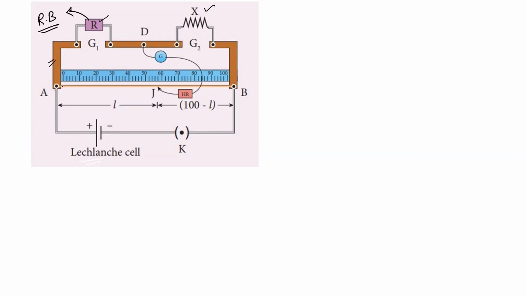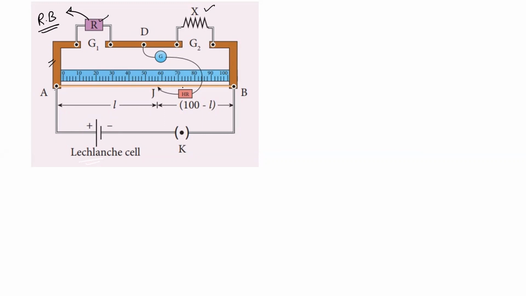We have to move the jockey from this particular point. Suppose the pen is connected to a wire and this pen is conducting, and if we move the jockey, this pen, jockey means a pen which can be moved over this wire AB.